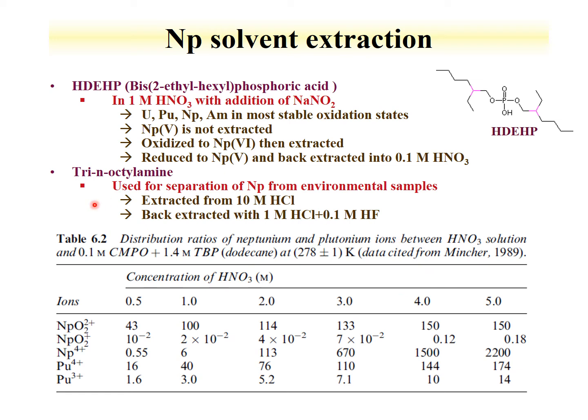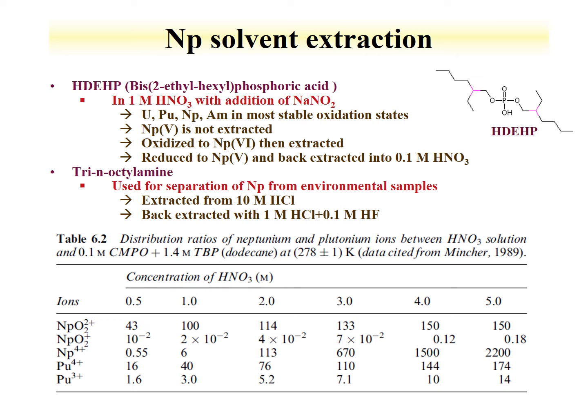Combinations of ligands, synergistic extractions with CMPO and tributyl phosphate in dodecane have also been performed. And as we can see here, we can vary the distribution coefficients, depending upon the oxidation states.